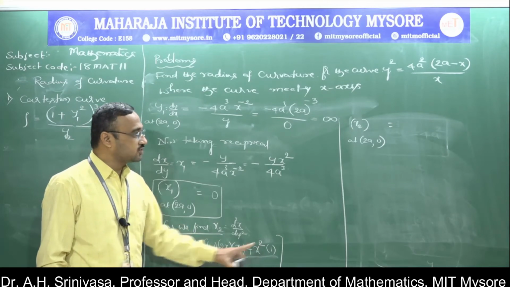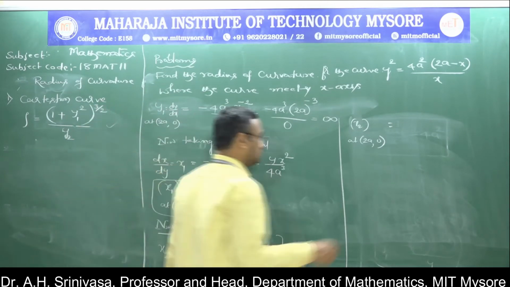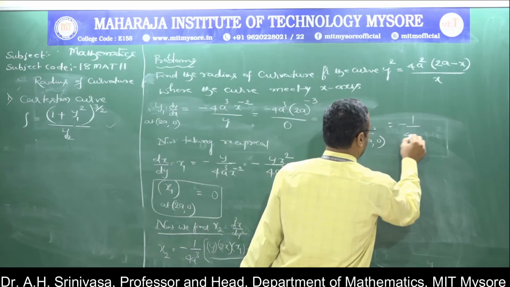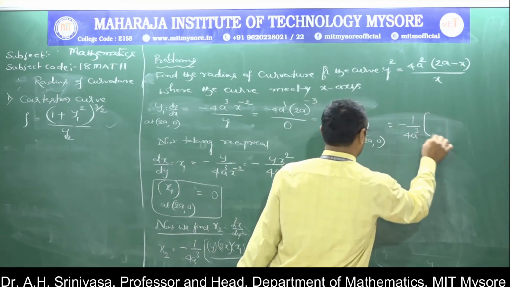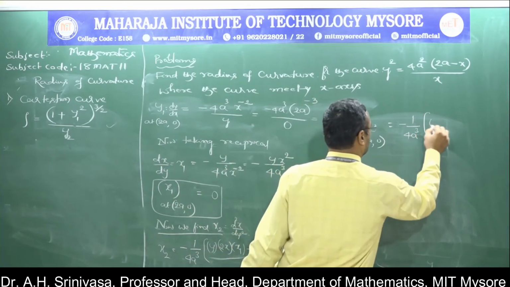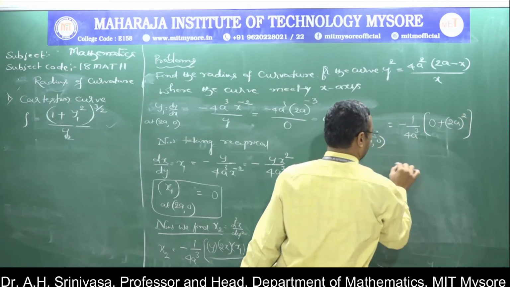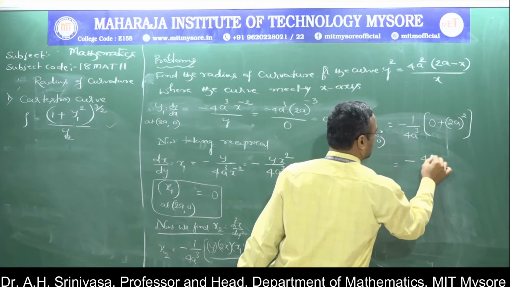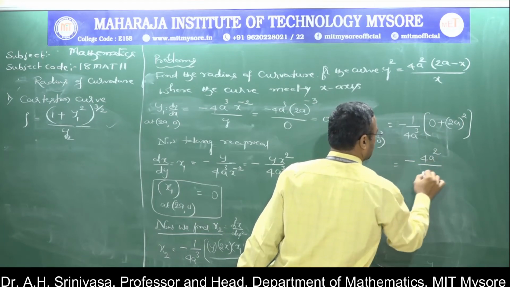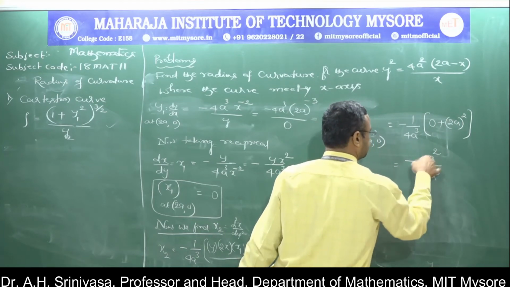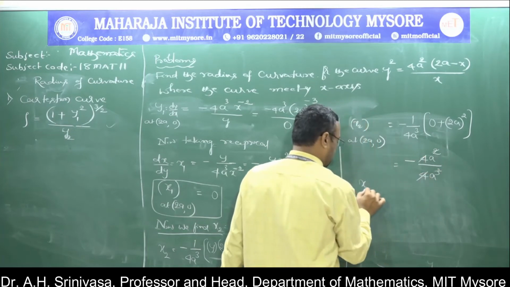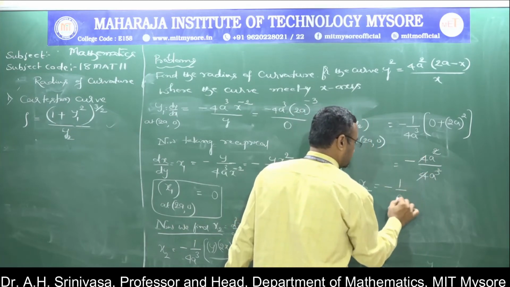In place of x you put 2a. Minus 1 by 4a cube into, so this term is 0, plus (2a) whole square. That will give 4a square over 4a cube. So we have an x2 value of minus 1 by a.